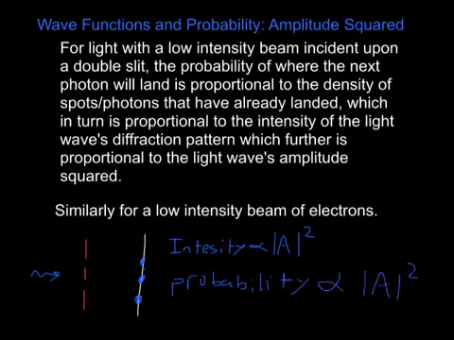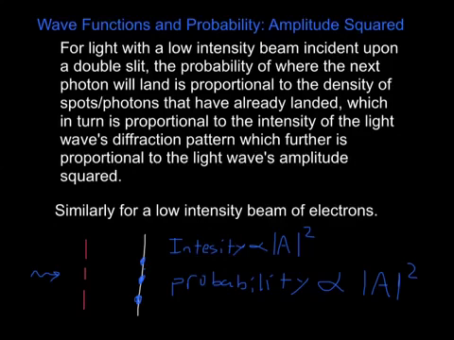So there's some wave, in the example of light, the wave is an electromagnetic wave, so the amplitude is the size of the electric field. If you square that, that is what's proportional to the probability of where the next photon is going to land, or the probability of finding photons. So a higher amplitude means you have a higher probability of finding photons having hit that location on the screen.